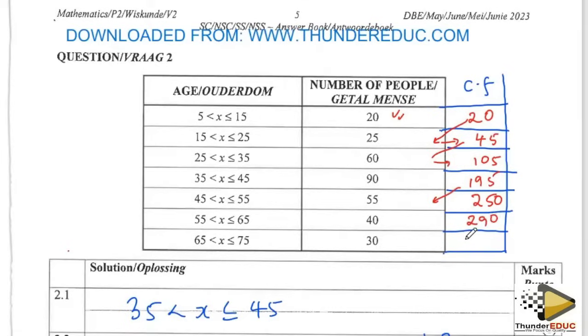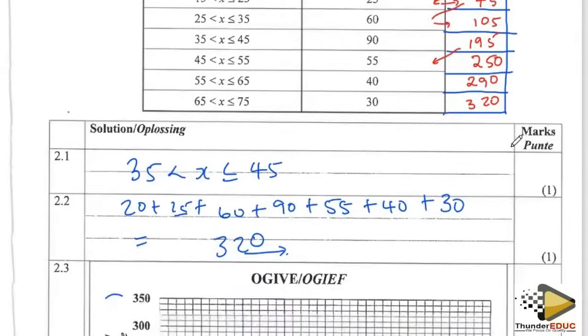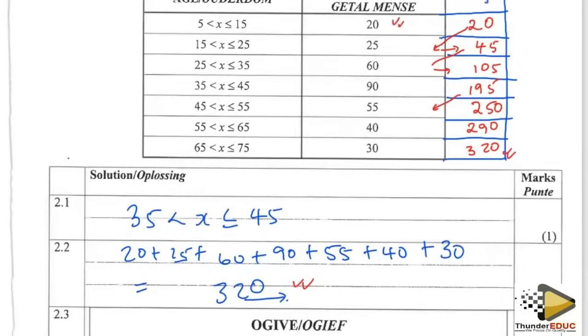Then 290 plus 30, I get 320. So the last cumulative must always correspond with the total number of participants, or your total frequency, which is correct.